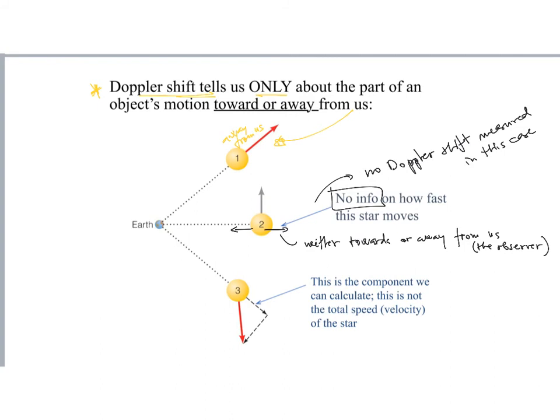And how about situation number 3? So this is the direction of motion. It's clearly not along the line of sight.